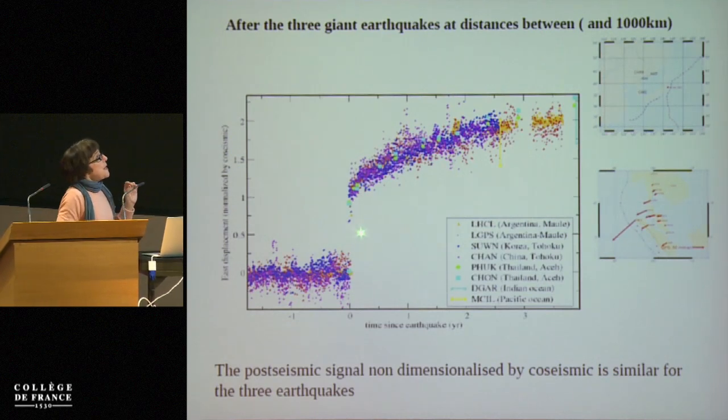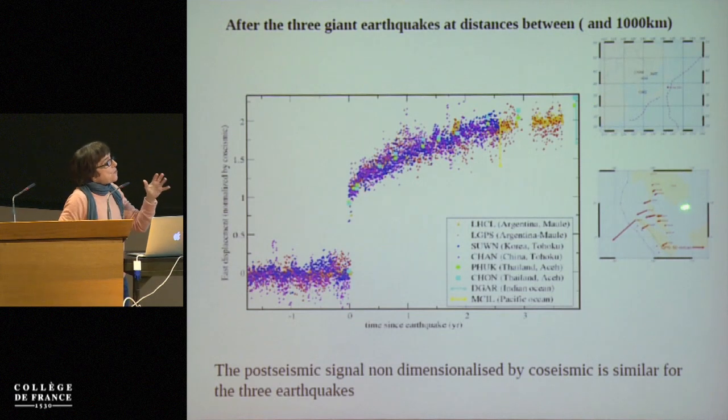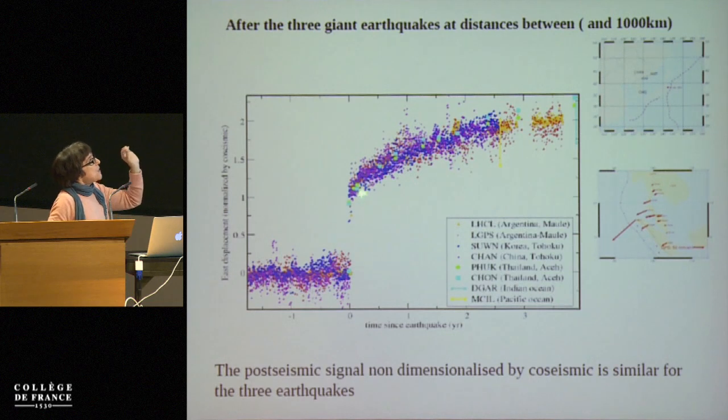Now, you remember in the previous graph for Tohoku, there were those post-seismic deformations far away, and far away the curve was leveling off. Now we can take the post-seismic deformations far away from Japan, far away from the Sumatra earthquake, far away from Chile, and plot them on the same graph, still non-dimensionalized by the co-seismic deformation.